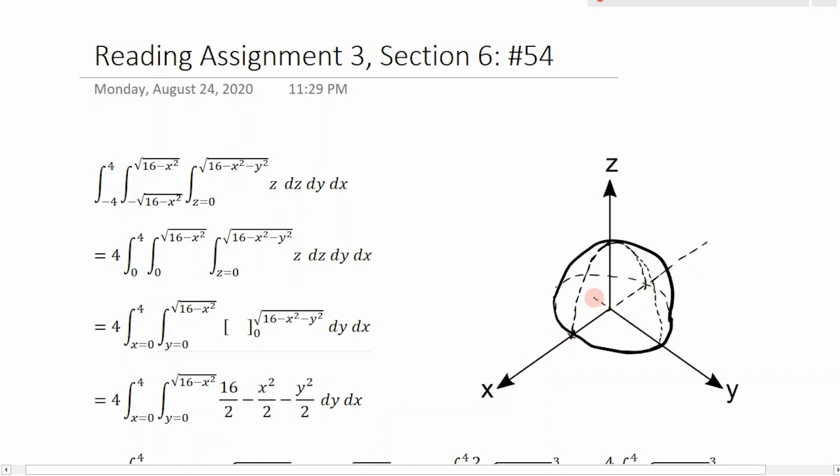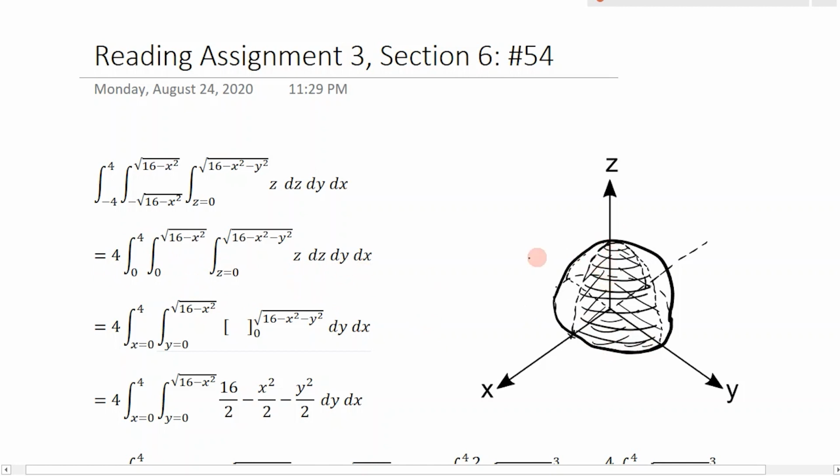And you can see that no matter which part I'm integrating over, I have the same value for the integrand. So if I have some point in this segment of the volume, it's going to have the same value of z as a corresponding point in any other of the 4 segments. So I can take the integral over just this part, and then multiply it by 4.